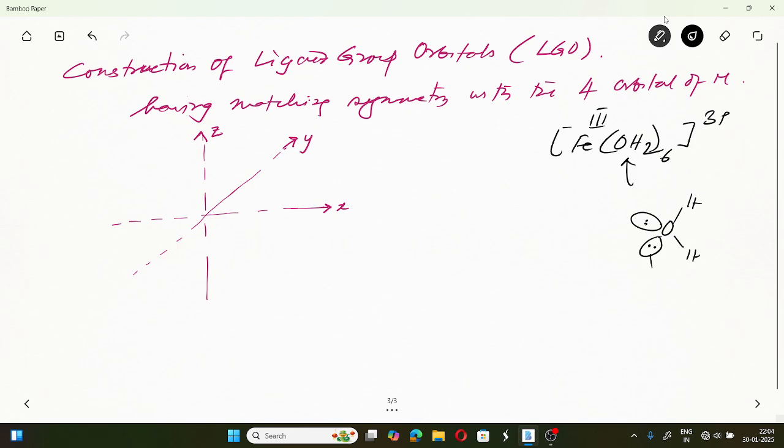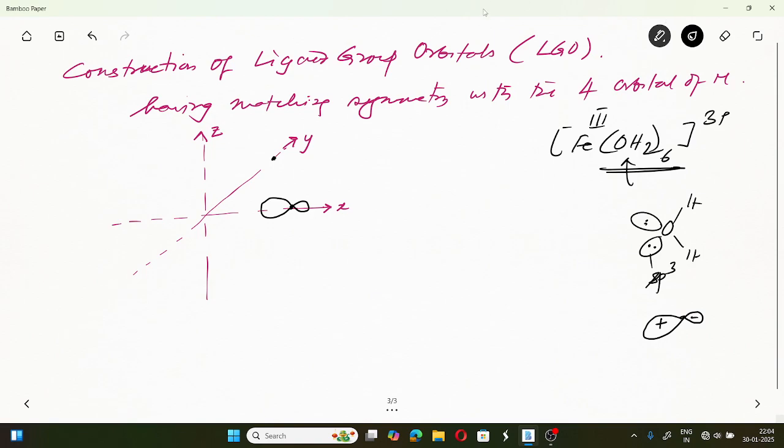The lone pair of orbitals should be involved in donation of electron density. Now these lone pairs, you know that they are present in sp3 hybrid orbitals, and the actual shape of the orbitals is more like this. Suppose we take this as positive and this as negative, it's more like this, sp3 hybrid orbitals. So if you consider these 6 water molecules, the sp3 hybrid orbitals should be involved in bond formation.